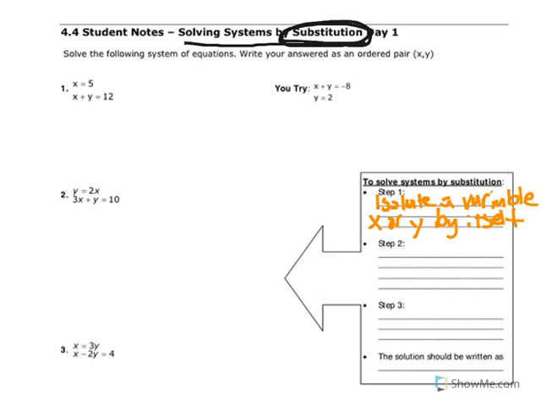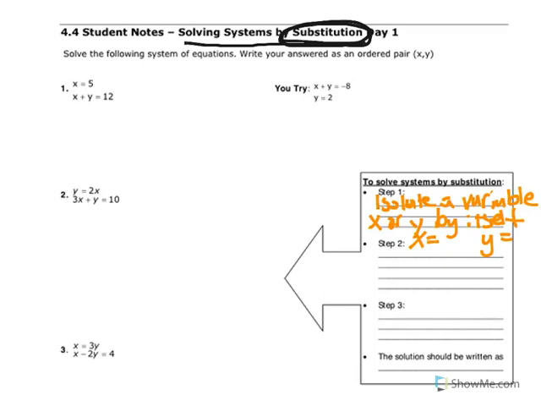So I need to have something that says either x equals or y equals in one of the two equations. We look at what we were given here, x equals 5 and x plus y equals 12. Well, this one already is isolated for us. It says x equals 5. So that's our first step taken care of.